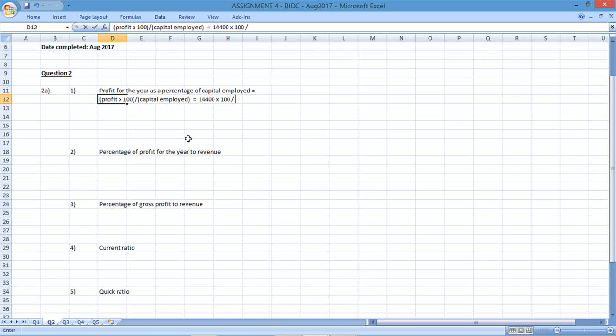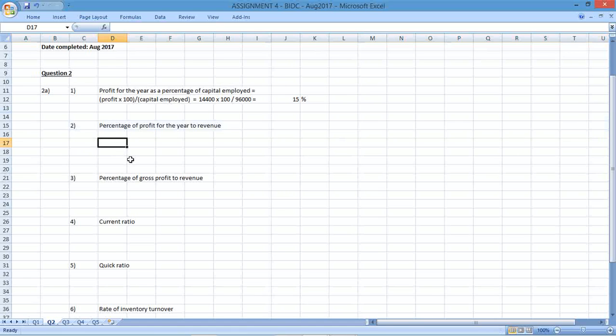The profit for the year was 14,400, and the actual financing in terms of capital that has been employed in this business would be the closing balance, which is 96,000. Then I'm going to type that into my calculator, and I'm going to get an answer for this particular business, which is 15%. So profit for the year as a percentage of capital employed is 15%.